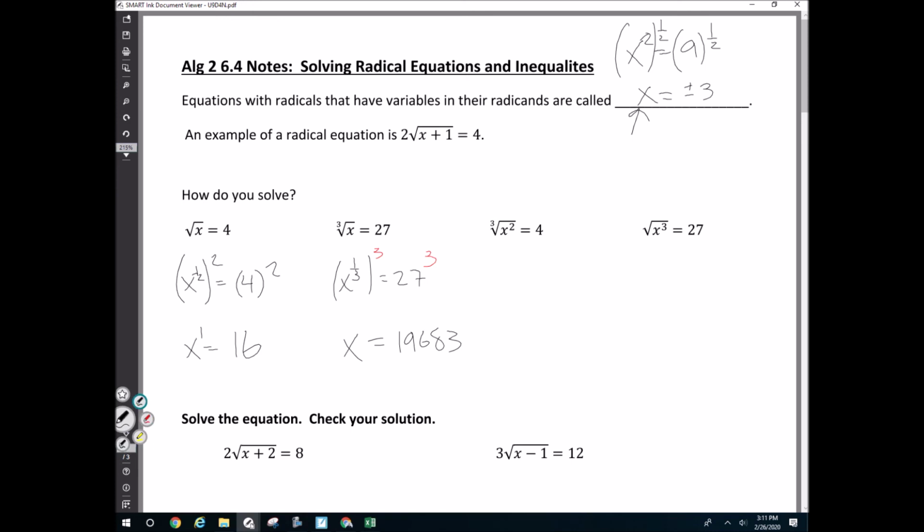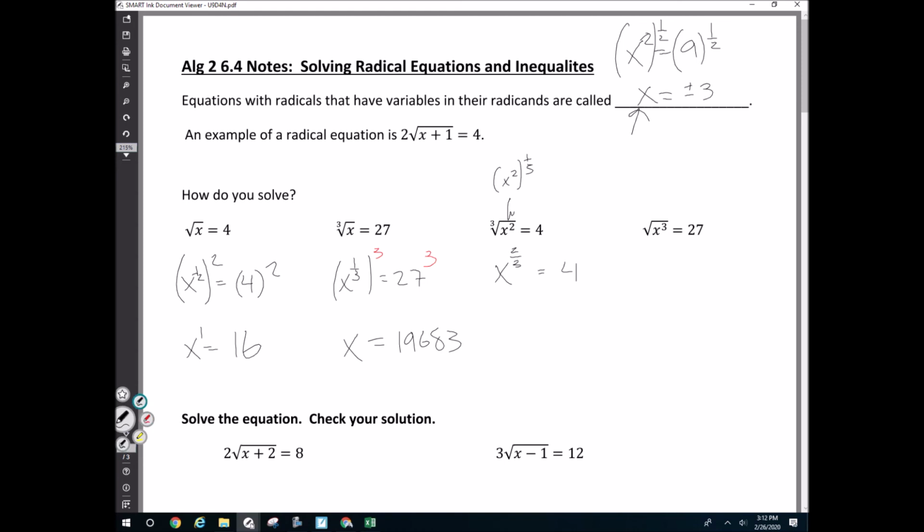Uh-oh. I have the cubed root of x squared. Yes, this is what I would do. I would change this to a 2/3 power. Why do I know it's 2/3? This is x squared to the 1/3. That's x to the 2/3. This equals 4.